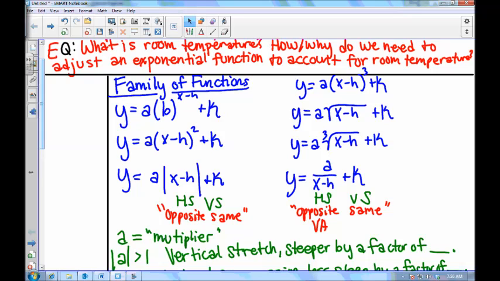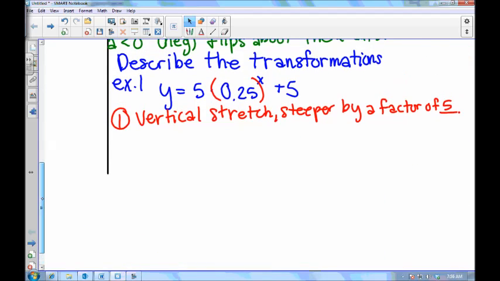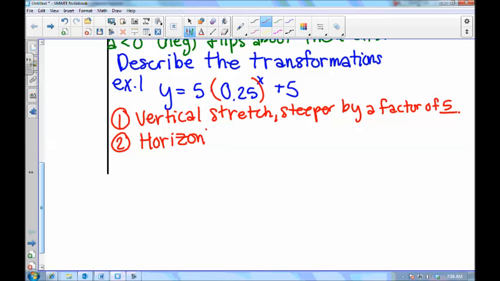We're doing h. H has to be added or subtracted, but if you look at our function, added or subtracted to the x up in the exponent, there is nothing. So therefore, h is 0. So that's our horizontal shift. Our horizontal shift is none.